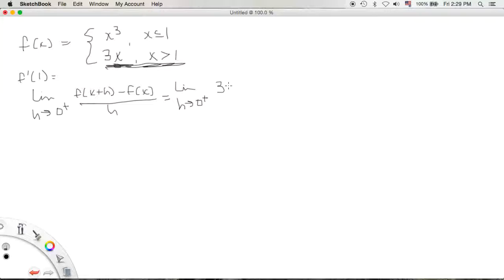So we have 3 times x plus h minus, now, here's where you have to be careful. The function value at 1 comes from this one here. So that's 1. And we're looking at x equals 1. So we can go ahead and plug in a 1 there. So our f at x is just going to be 1. Because we're looking for f prime at 1, that means we use x equals 1 for plugging in here.